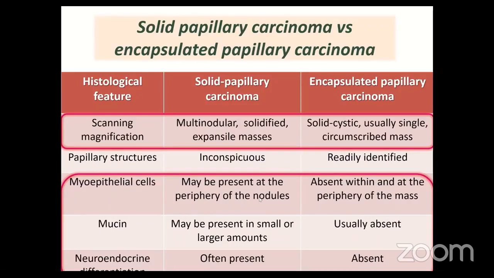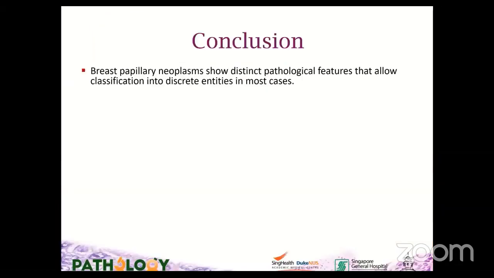Myoepithelial cells can be observed at the periphery of the nodules of the solid papillary carcinoma, whereas they are absent in the encapsulated papillary carcinoma. Mucin can be observed in solid papillary carcinoma, tending to be absent in encapsulated papillary carcinoma, and neuroendocrine differentiation is often observed in the solid papillary carcinoma, whereas it's absent in encapsulated papillary carcinoma.